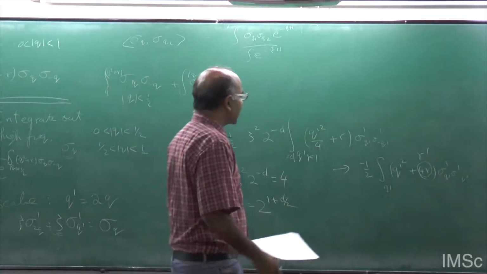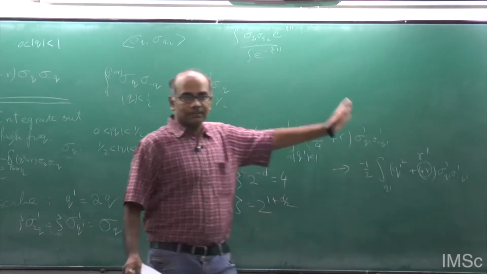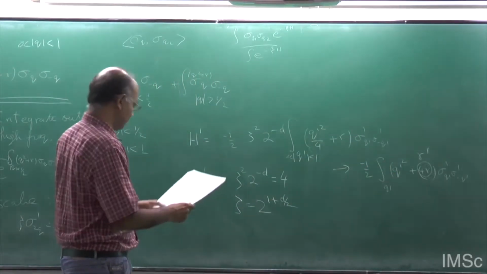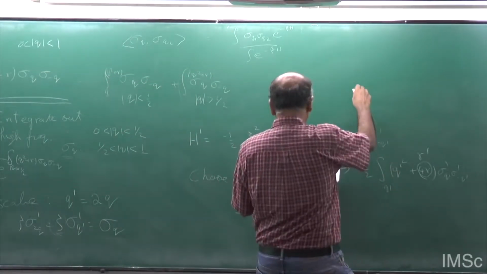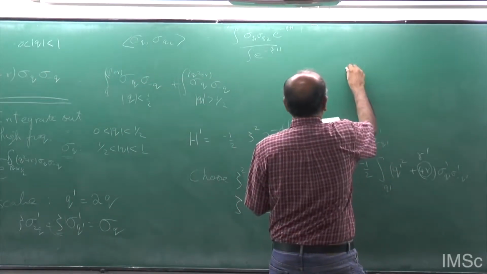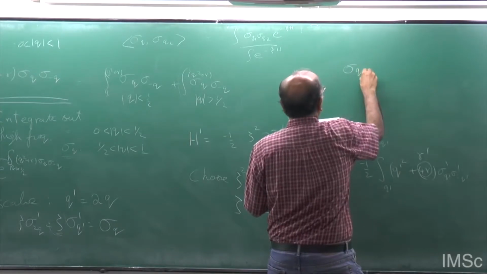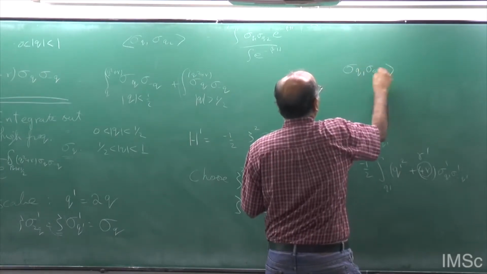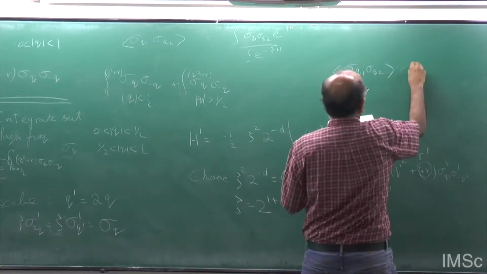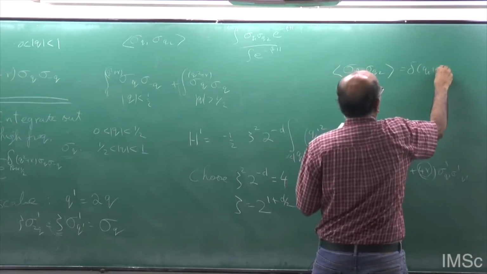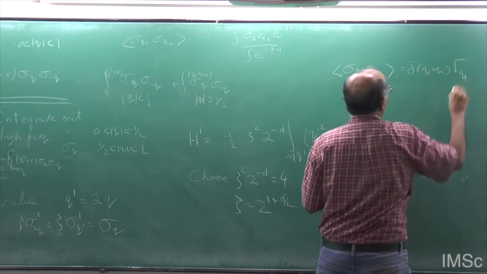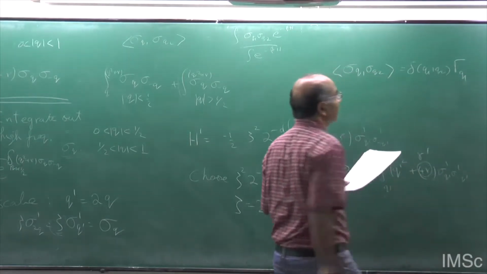Okay, so now we just have to work out the consequences of this. The first thing you can work out is, if you calculate this sigma q1, remember the way we defined this, this is how the gamma was defined.